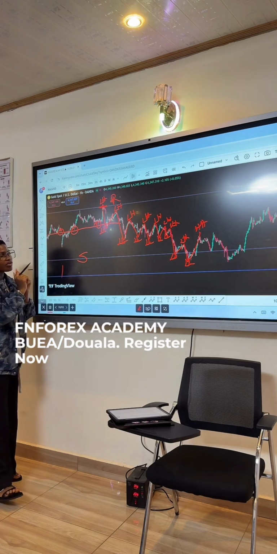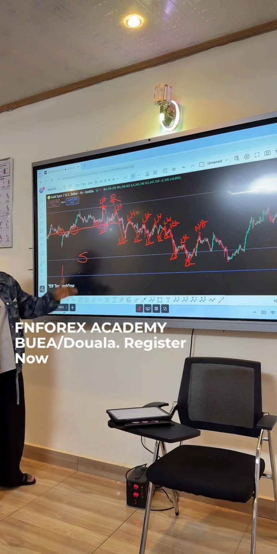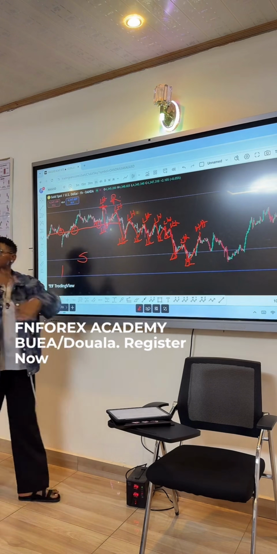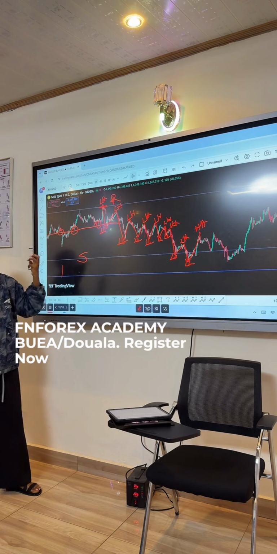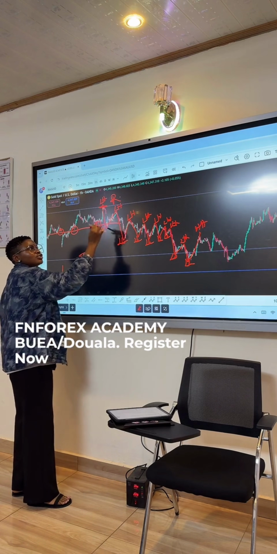Now you want to secure profit while you wait for the retest to happen. Because most times price might retest, come up safe, and then change trend. So you want to first secure something small, even if it's fish, and eat first. So we enter at the lower high, then we TP at the next support.